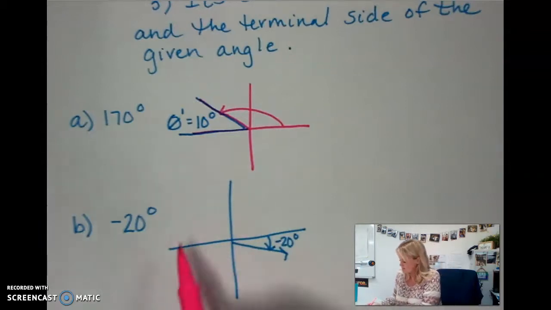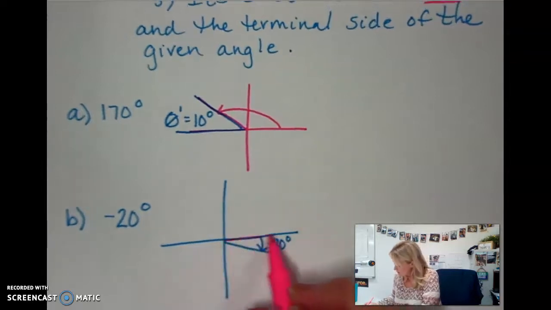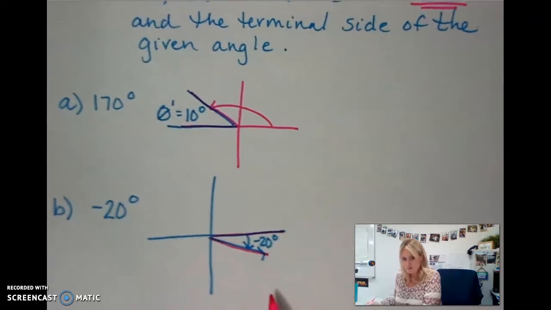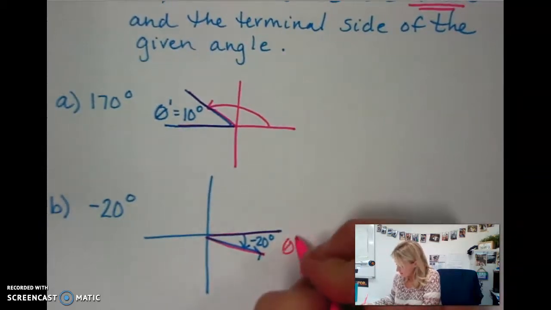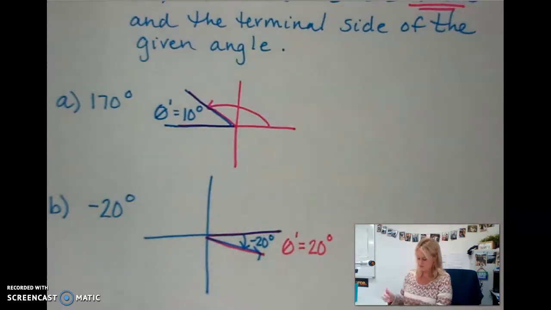Well, if I use this x-axis and this terminal side of the angle, that's going to be bigger than 90 degrees. So I still have to use an x-axis. This is my only option. And my terminal side is my only option. And this time, theta prime is positive 20 degrees.